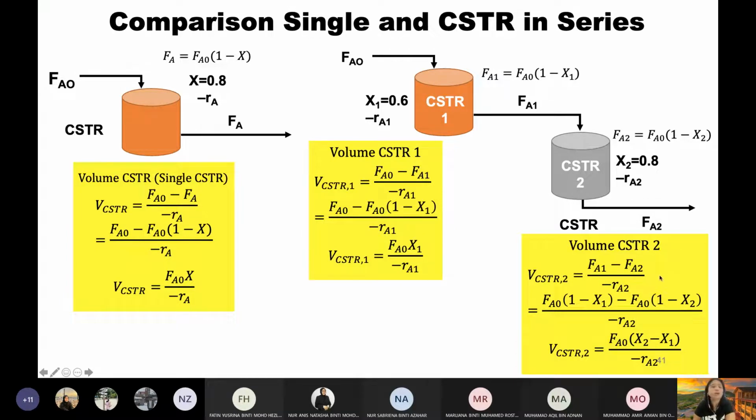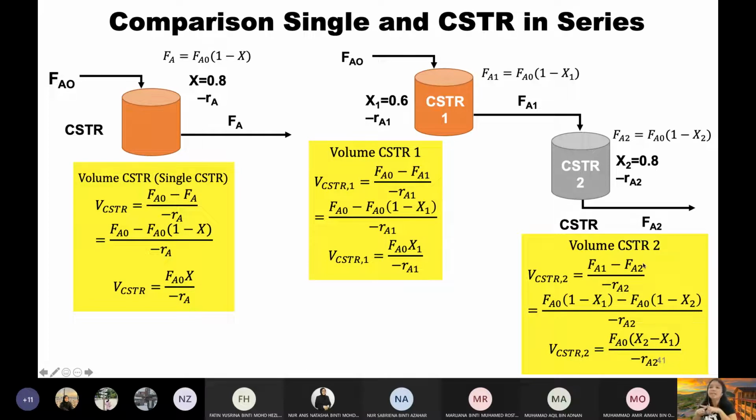So become FA1 minus FA2 per minus RA2. Okay, yang ni part yang selalu student kadang-kadang terconfused. When we talk about second reactor, dia mesti minus RA2, iaitu the rate of reaction at my second reactor conversion, X2. Okay, so minus RA2.